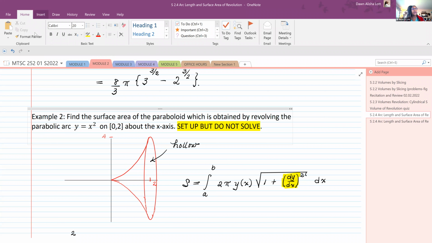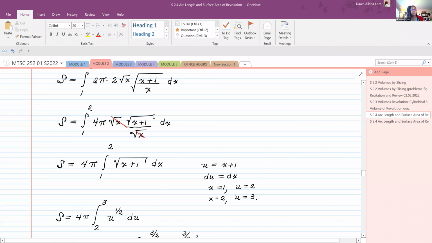Okay, so I have an idea of what you're capable of doing. I know that sounds unfair in a sense, but there are some integrals at this stage you should know how to do. I expect you to be able to do this integral. Do the algebra and simplify it.